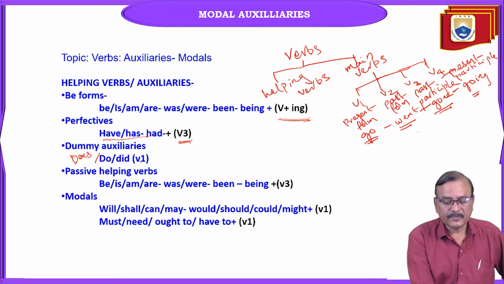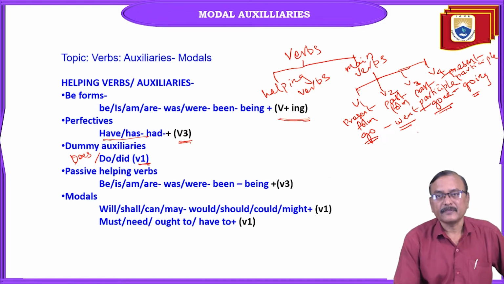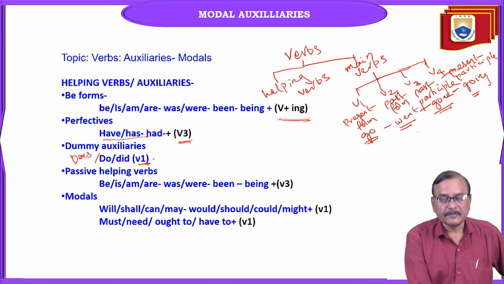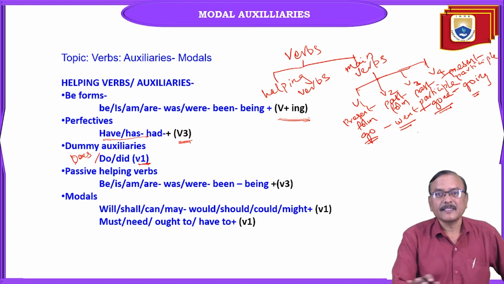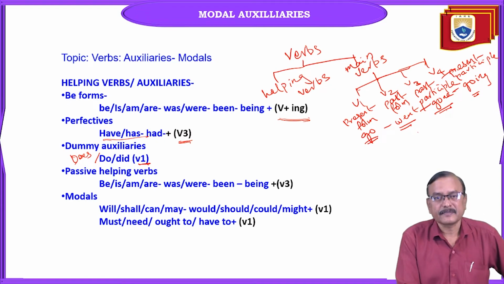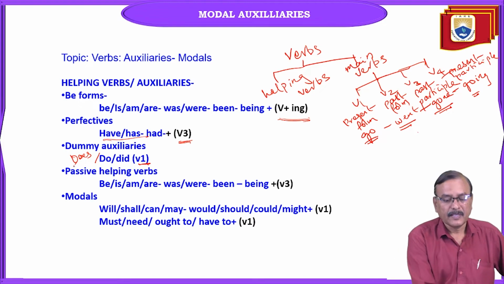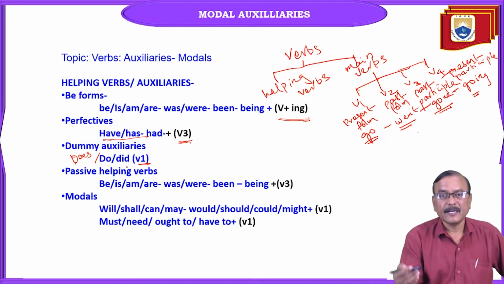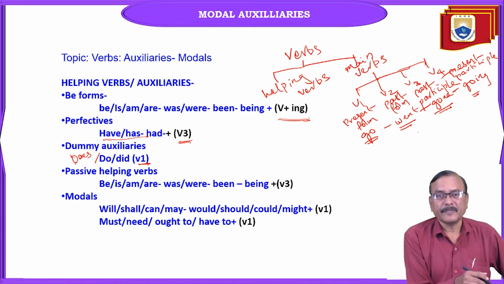With these, we use the main verb V1. Generally, these dummy auxiliaries are not seen in positive statements. They can be seen only in negative sentences and interrogative sentences, that is in questions. In positive statements, we don't see does, do, or did, because these are mixed with the main verb.